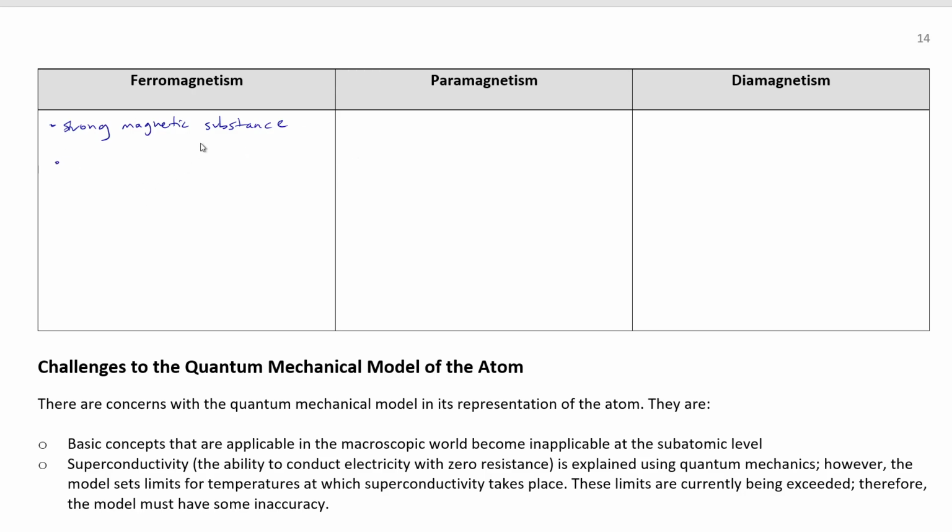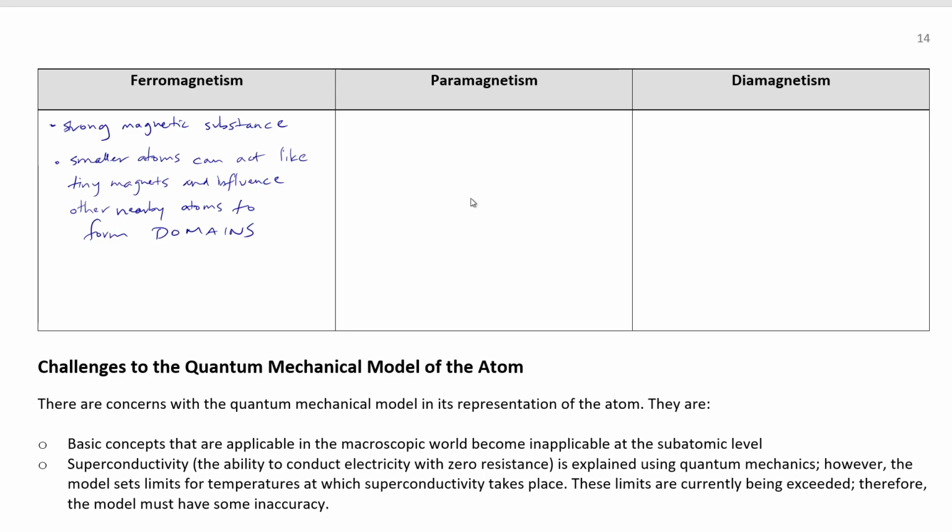And basically what happens is that the smaller atoms of these substances can act like tiny magnets and influence other nearby atoms to form domains.